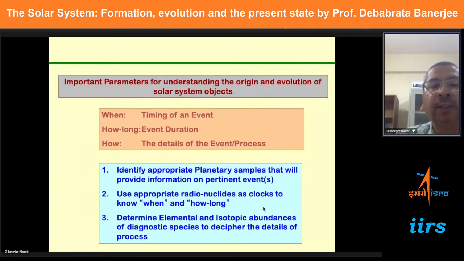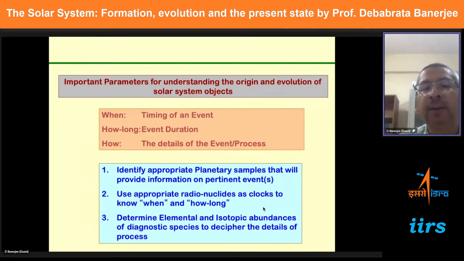So depending on the half-life, for example, aluminium-26 is an isotope which has been used to date chondrules. The half-life is 0.72 million years. So you can date events which are a few million years old, but it's difficult to date an event which happened 10 million years after the solar system.